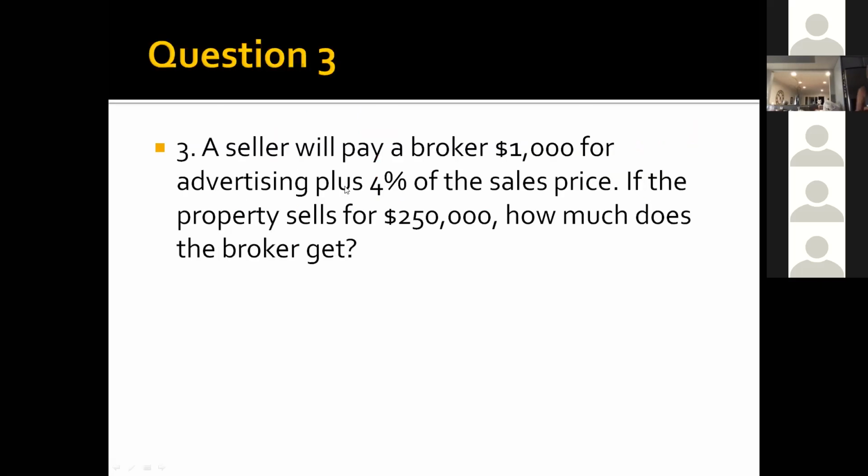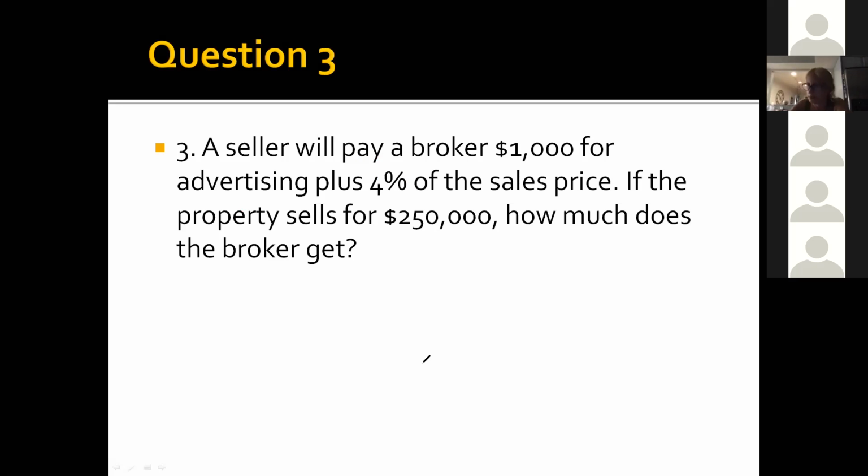All right, a seller will pay a broker $1,000 for advertising plus 4% of the sales price. If the property sells for $250,000, how much does the broker get? This is another problem where they're just adding one simple layer of complexity. So we know that the broker is going to spend $1,000. So besides his 4%, he's going to get an extra $1,000.